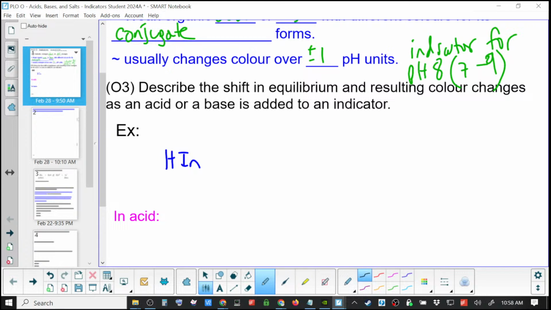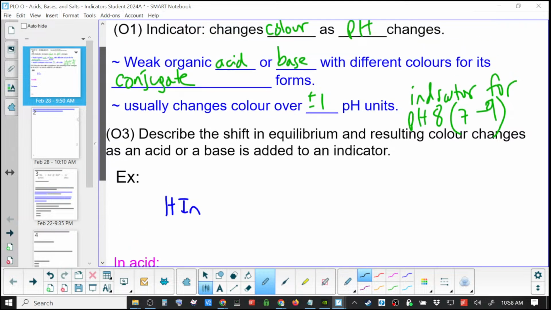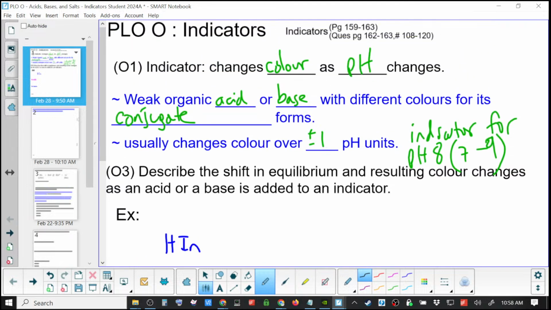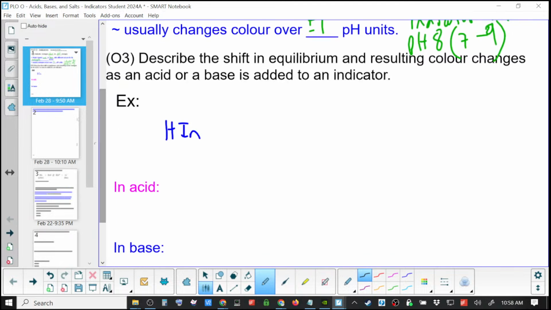So an indicator is a weak organic acid or base, with colors for it and its conjugate. If I am going to write an equation with an indicator, In is going to be my generic indicator.